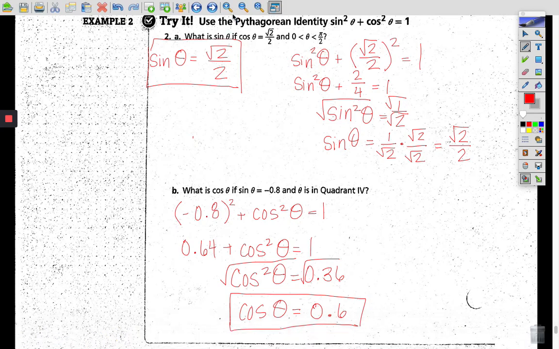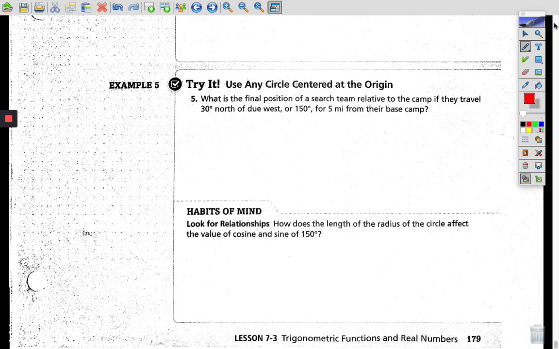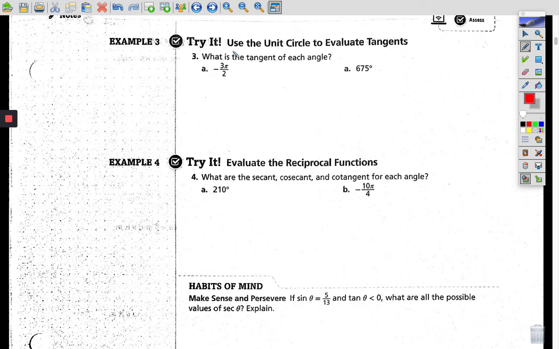All right, moving on to example 3. I want you to write these 6 formulas. So remember, I just told you that sine was equal to y, cosine equals x, tangent is going to equal y over x.